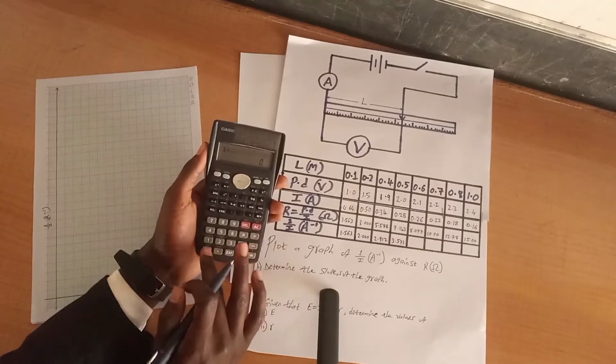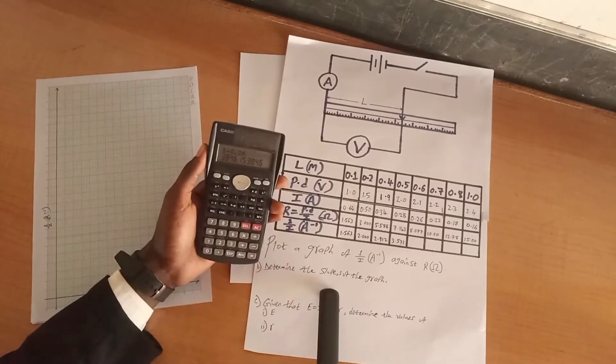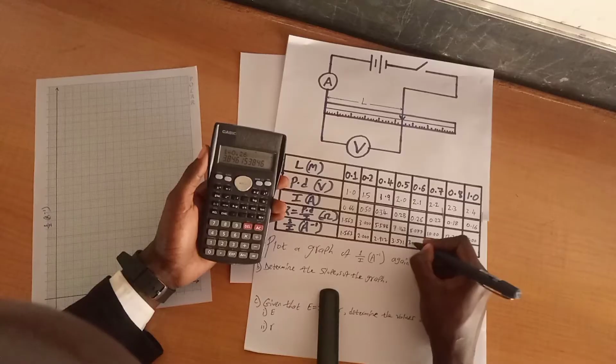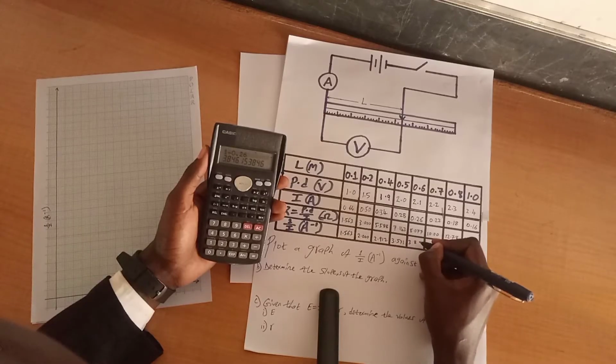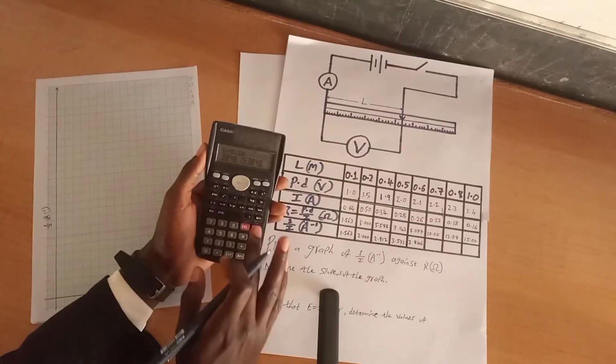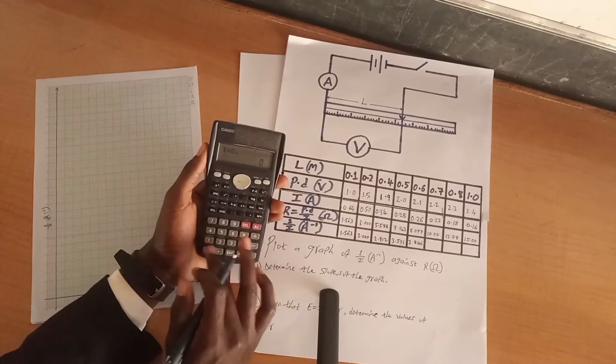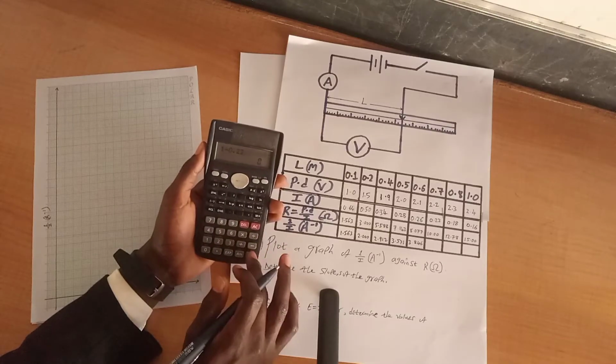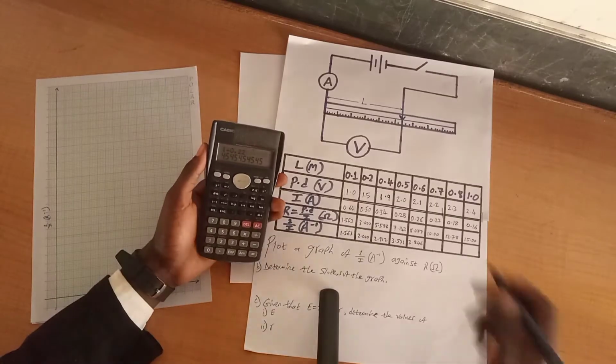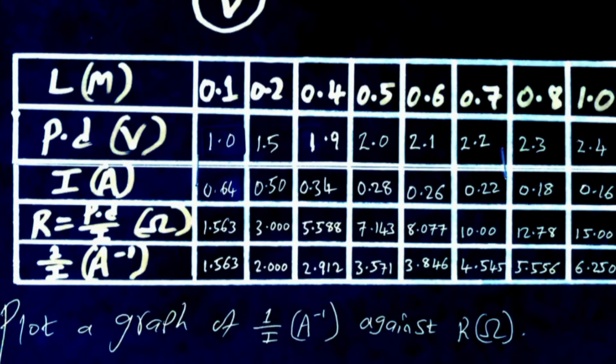1 divided by 0.26 is 3.846. Then 1 divided by 0.22 is 4.545.